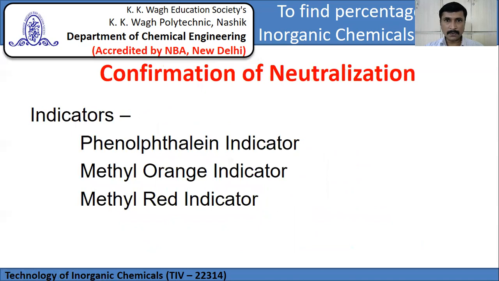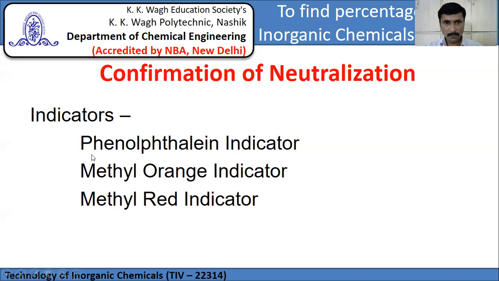So for the purpose of confirmation of neutralization, that is indication for completion of neutralization reaction, some indicators are used. The examples are phenolphthalein indicator, methyl orange indicator, methyl red indicator.